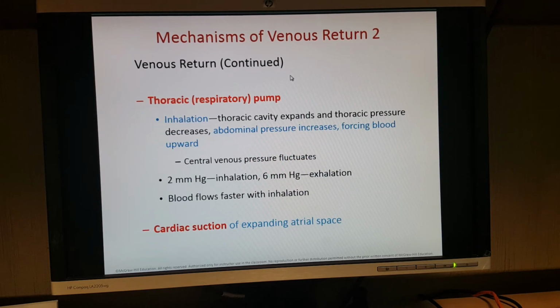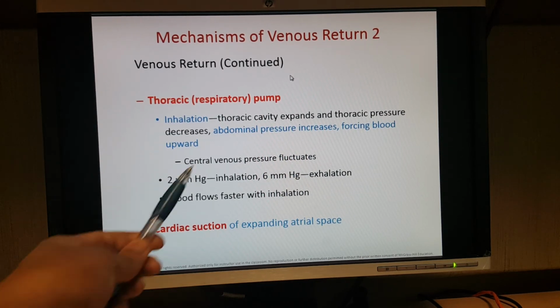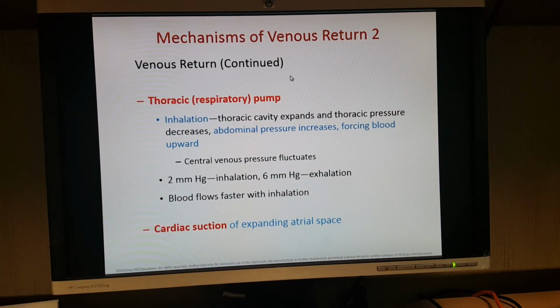When this happens, your abdominal pressure increases, the area of your intestines, stomach, all that area. That pressure pushes against those veins and therefore pushes the blood back up towards the heart.